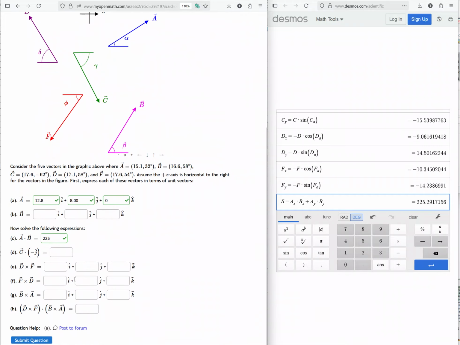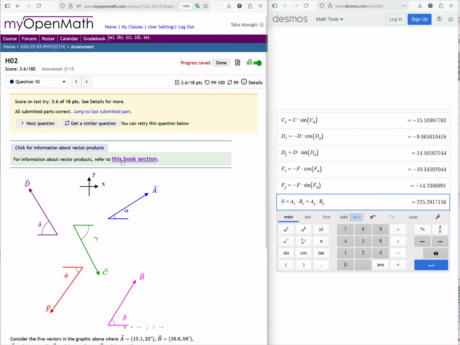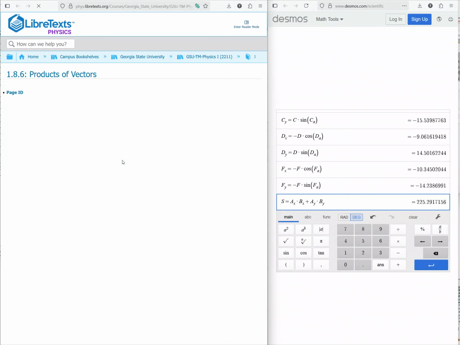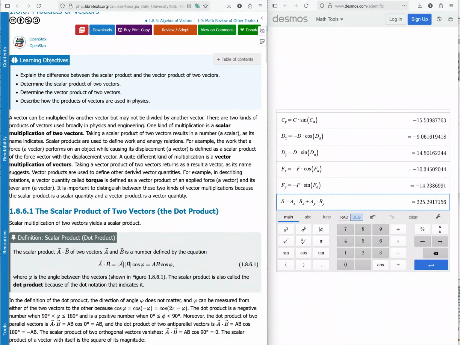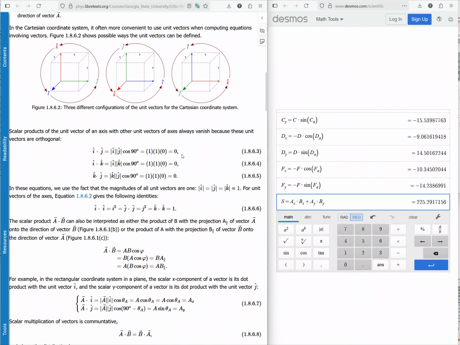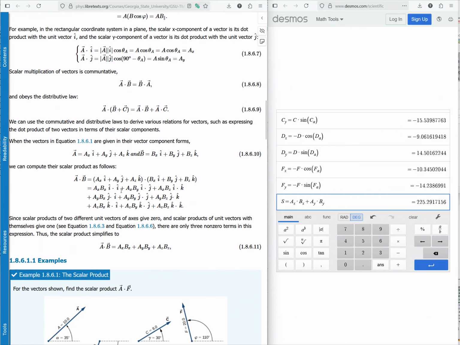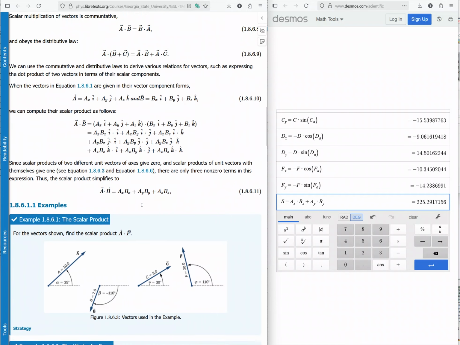Now, moving further. For example, what's D cross F? Okay, let's look at vector product help. Okay, so here is lots of work, but this is essentially the result we end up having.